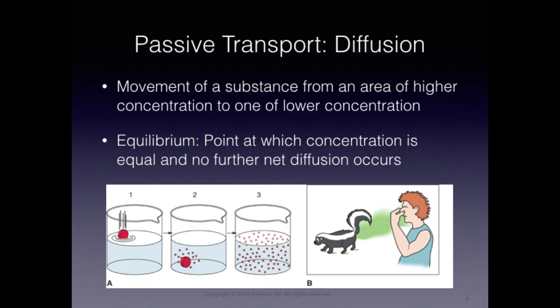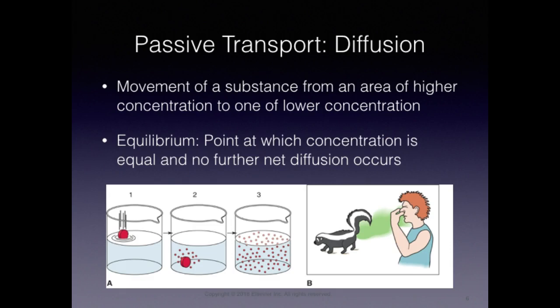As the tablet dissolves, it starts to filter and diffuse to other areas in the beaker until equilibrium occurs. So it can't diffuse any further. So we have balance.